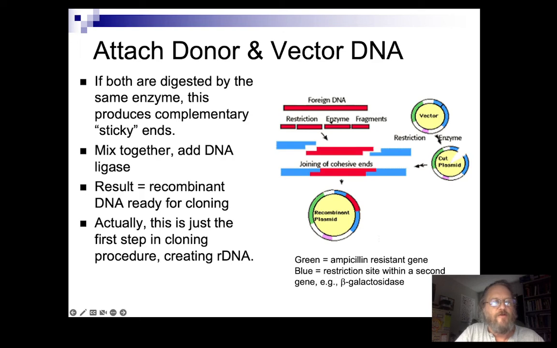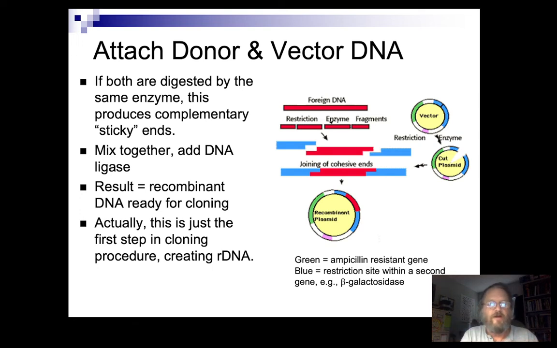You add those together with DNA ligase, and the result will be a bunch of DNA that is a mixture between the two sources. And then you'll also have some DNA that, of course, is single source, where the original DNA just snaps back together and doesn't incorporate the different one.